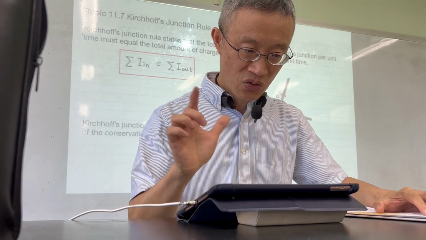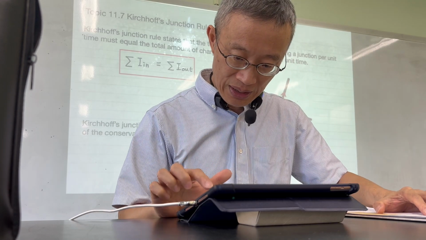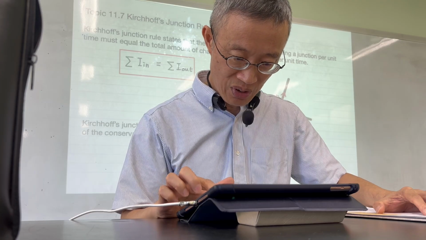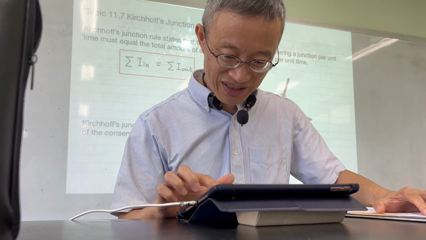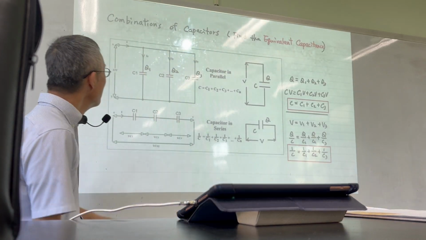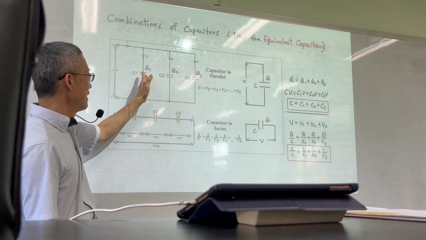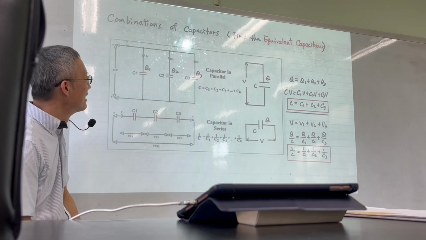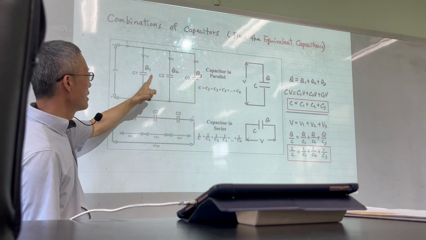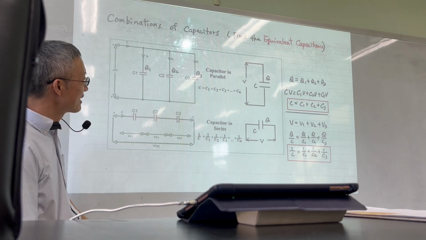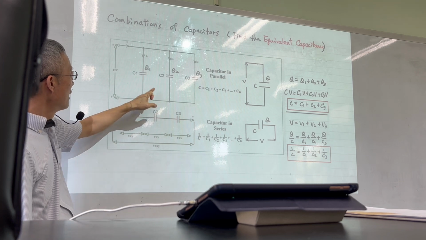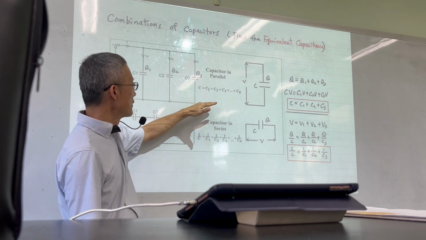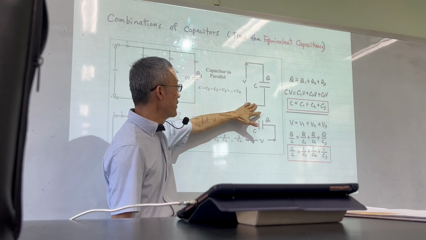The last one, the capacitor. There's something I forgot to teach, which is this. Three capacitors connected in parallel. What's the equivalent capacitance? Just like a resistance, now we change resistors to capacitors. So in parallel, this is the equivalent circuit.